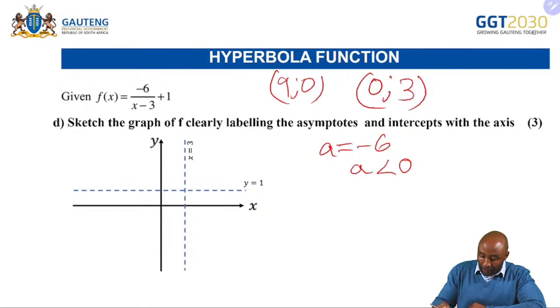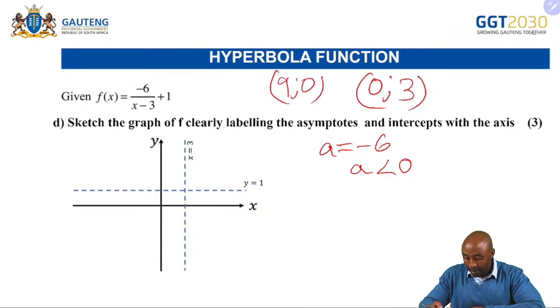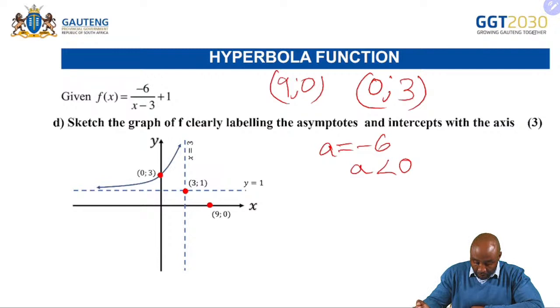So we know that our function, the arms of the hyperbola, will be in quadrant 2 and 4. And then we are able to indicate the point of intersection of our asymptotes. We have our y-intercept, we have our x-intercept, and then we are able to draw the arms of our graph.